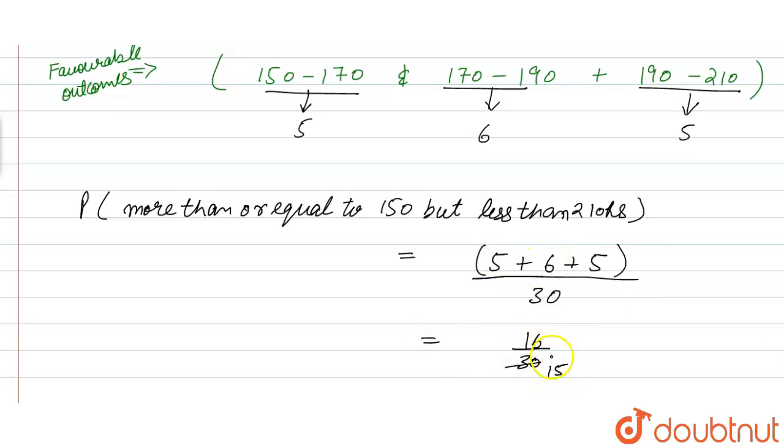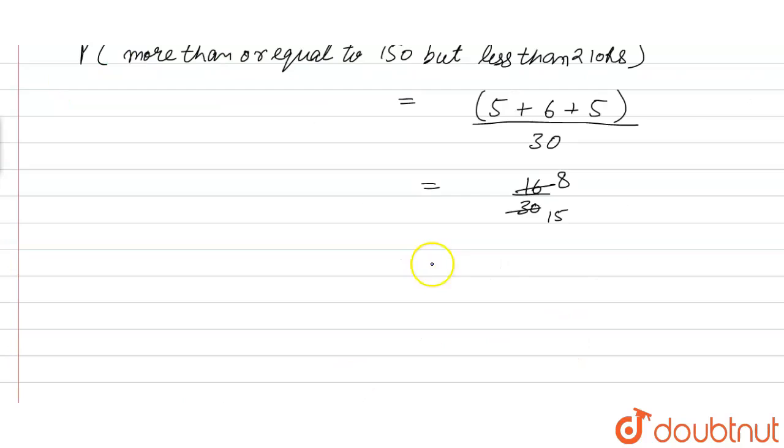Two 8s are 16 and two 15s are 30. So the probability will be equal to 8 upon 15.